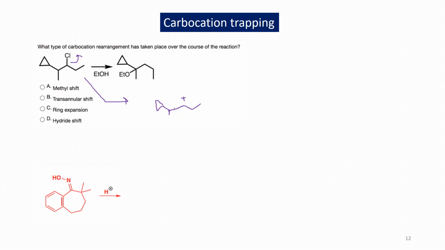Okay. Now there is a methyl and a hydrogen atom. And this carbocation is 2 degree.